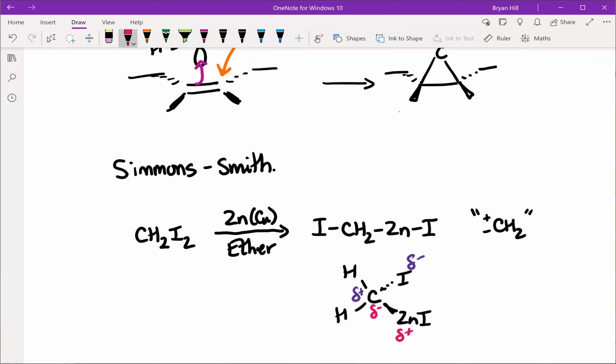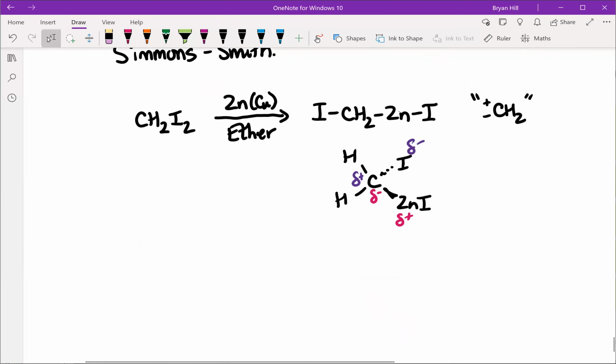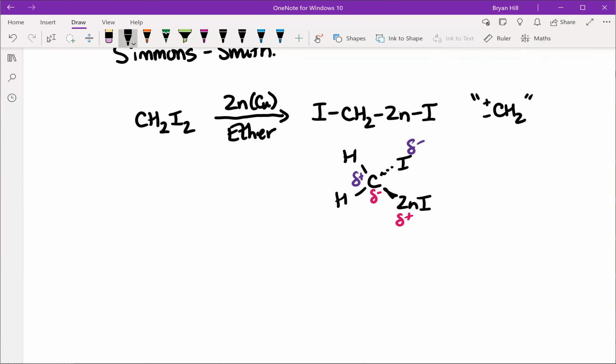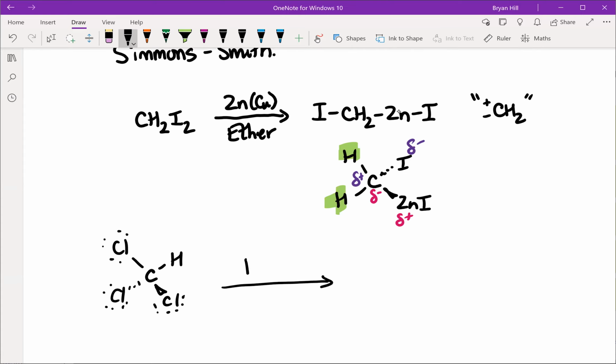Another way of doing it is, in this case, there's not protons here, it's chlorine atoms. So you take chloroform, and you react it with potassium hydroxide.